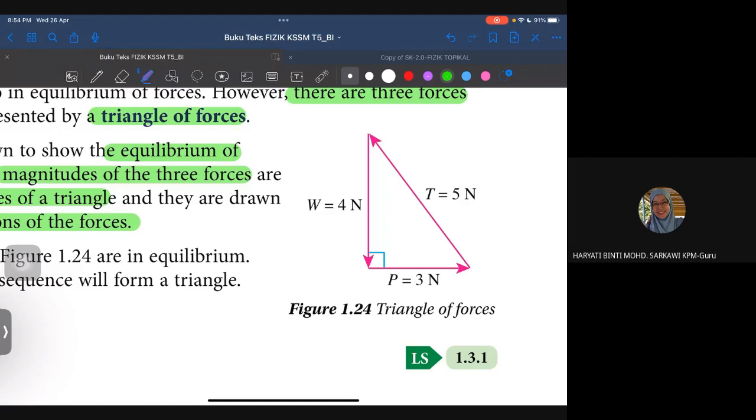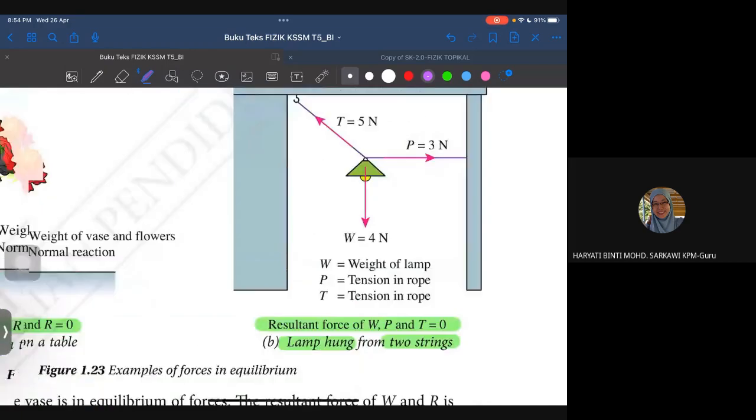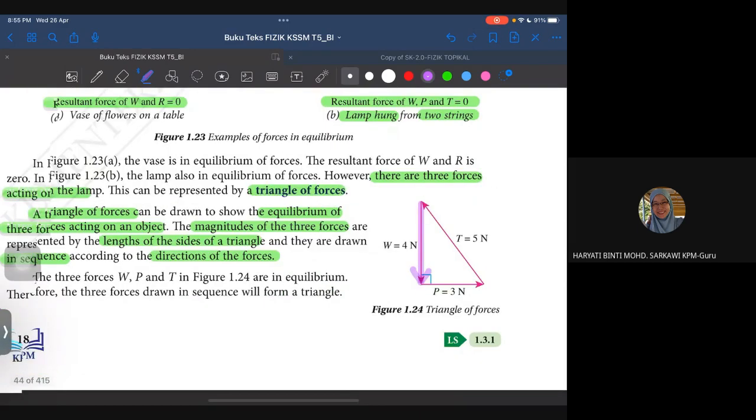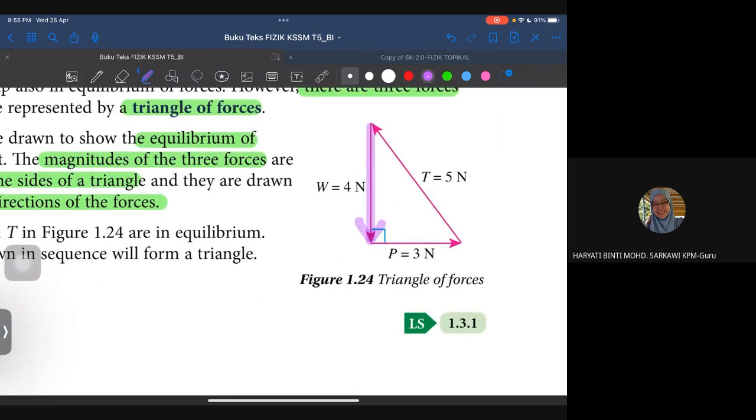W is 90 degrees downward, so we need to draw the arrow. And then P: this is W just now, downward, and P is horizontal to the right. P we draw at the end of W, horizontal to the right like that.